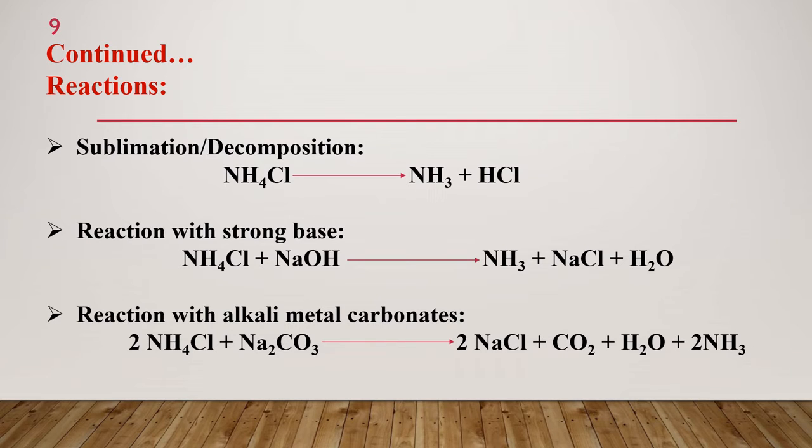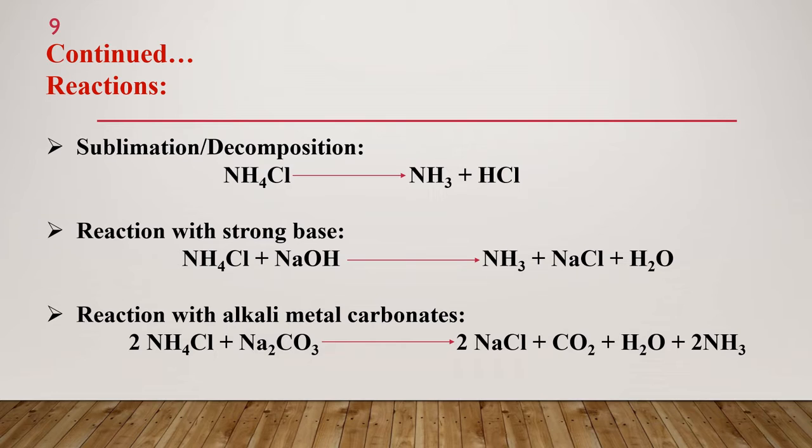Reactions of ammonium chloride. Ammonium chloride sublimes upon heating and decomposes into ammonia and hydrogen chloride gas. This reaction involves decomposition of ammonium chloride into ammonia and hydrochloric acid. Ammonium chloride also reacts with a strong base like sodium hydroxide, where it releases ammonia gas, leading to the formation of ammonia, sodium chloride as well as water.